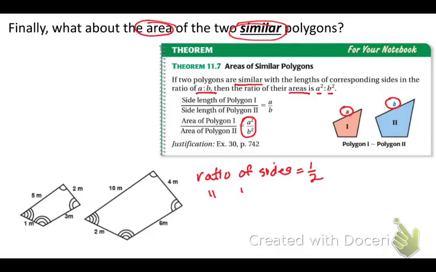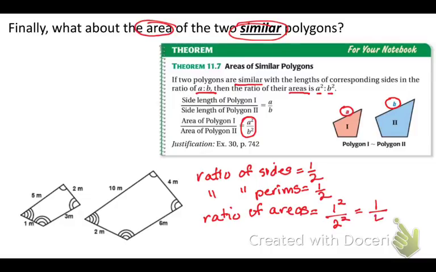We also know the ratio of their perimeters is equal to 1/2. So the ratio of the areas is going to be equal to 1 squared over 2 squared, which is going to equal 1/4. Okay? So remember, the ratio of the sides and the ratio of the perimeters are the same. The ratio of the areas is the numerator and denominator of the ratio of the sides, both squared. Okay, so let's see how that works in action here.